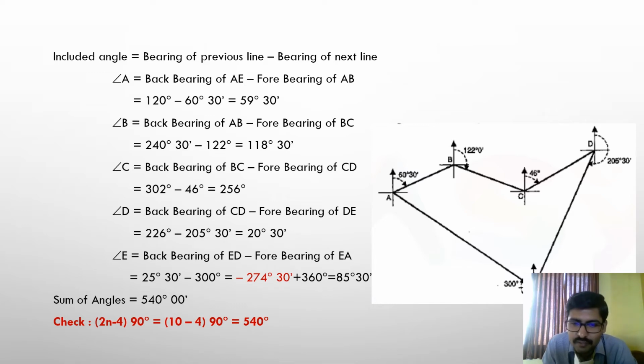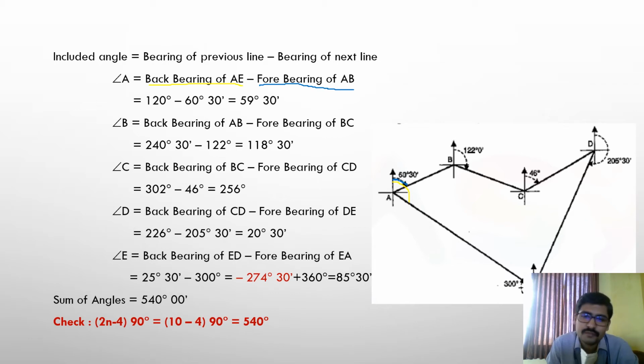I will show you the angles here. First I will draw the back bearing of line AE. The yellow one is the back bearing of line AE. Now I will show you the forward bearing of line AB, which is the one given here, the dotted one.